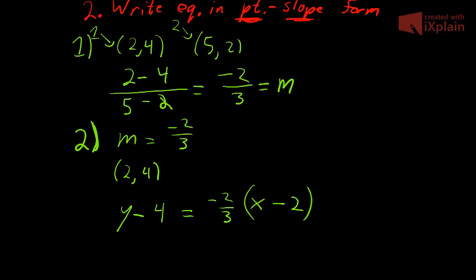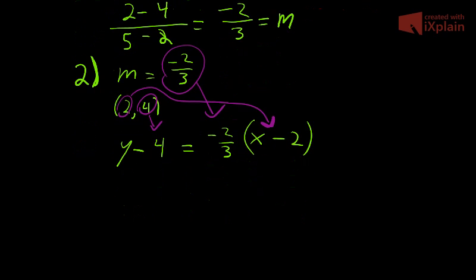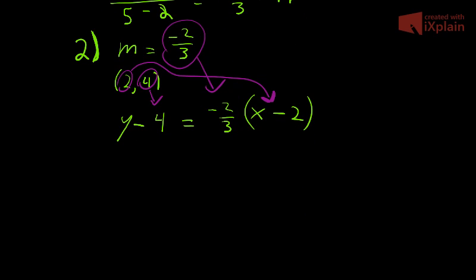I know this looks really weird. What happened is that my negative 2/3 went right here, my 4 went right there, and my 2 went over here. The technical way to write point-slope form is y minus y1 equals m times x minus x1. And just like that, we have point-slope form.